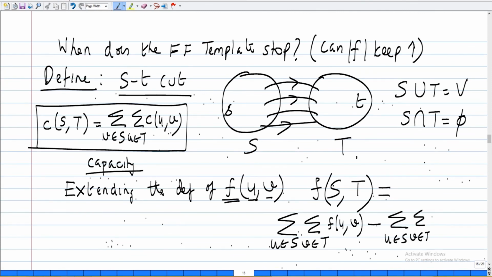Can somebody complete this for me? What would I put in here? f of (v, u), quite obviously.